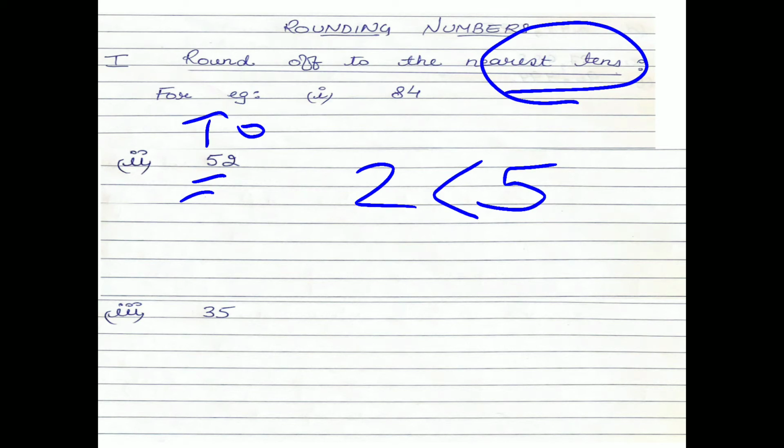So in this case you will not add 1 to the tens. So the tens place number will come as it is, meaning 5 will come as it is, and the ones place number which you are comparing will become 0. Clear?